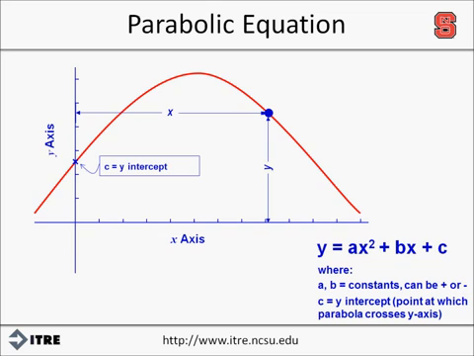In the general parabolic equation, a and b are constants that determine the shape of the curve, and c is the y-intercept value, or the location where the curve passes through the y-axis. When we apply this to vertical curves, c is the elevation at the PVC. Therefore, if we know the equation and the distance x from the PVC, we can calculate the elevation of any point on the vertical curve.